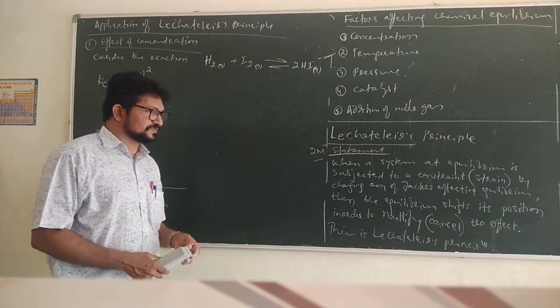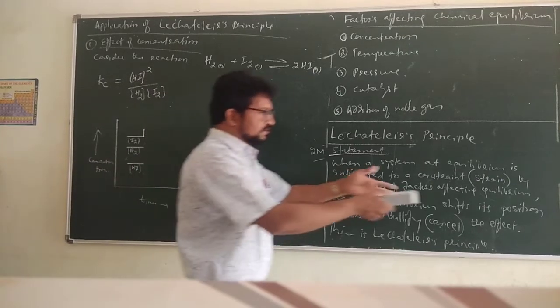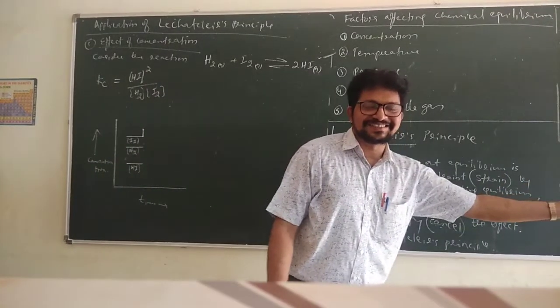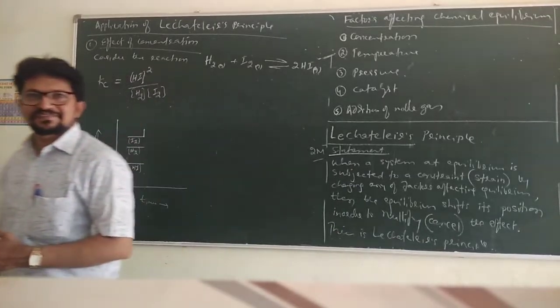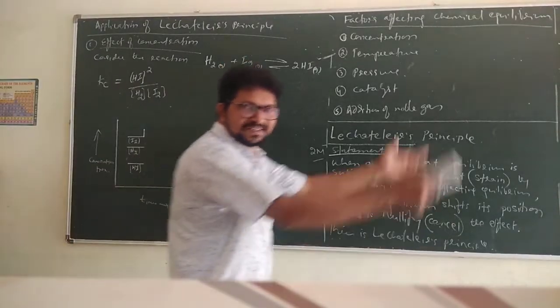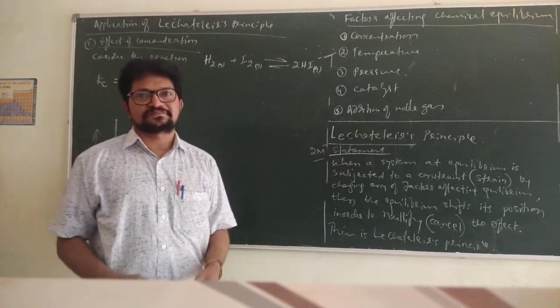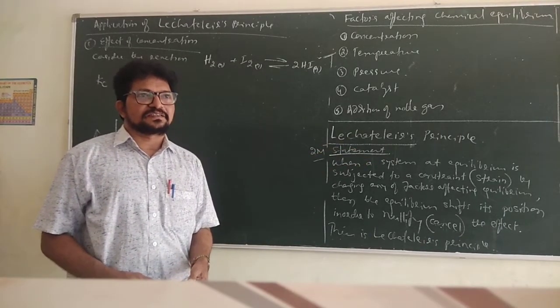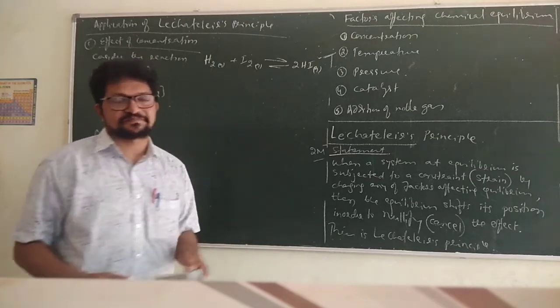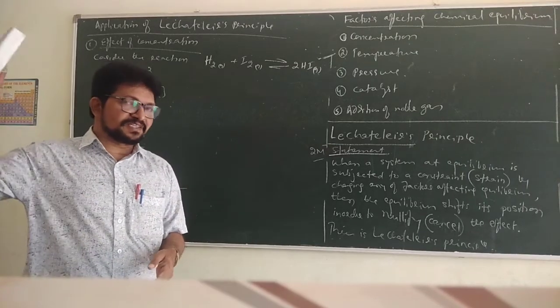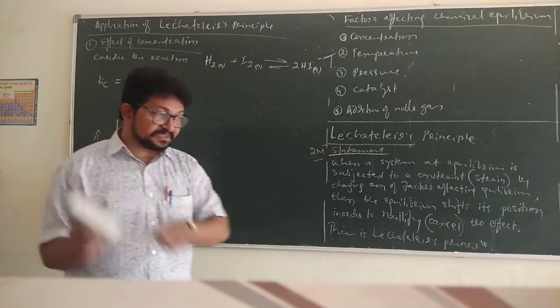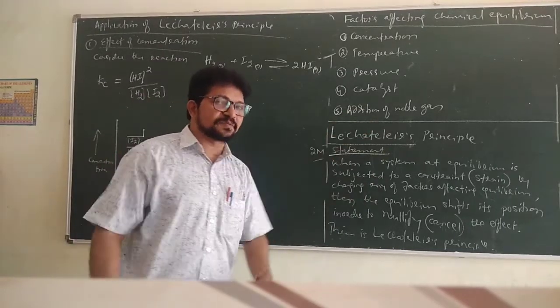Suppose you want to go towards the door. If some snake comes, you have to come back. If the snake goes outside, you can go there. Understand? It is not a revolt. Wherever there is a strain, equilibrium is shifted in the opposite direction of the strain.